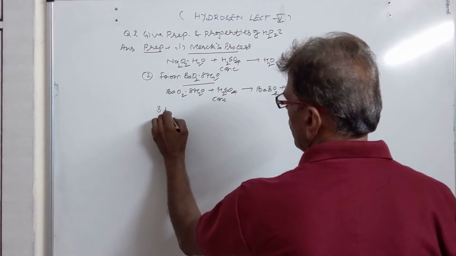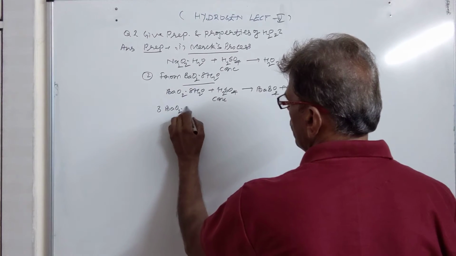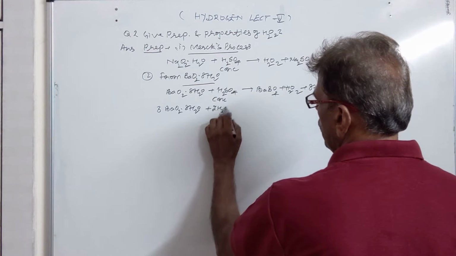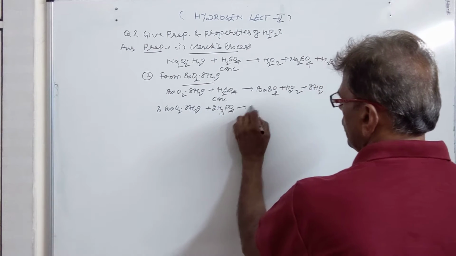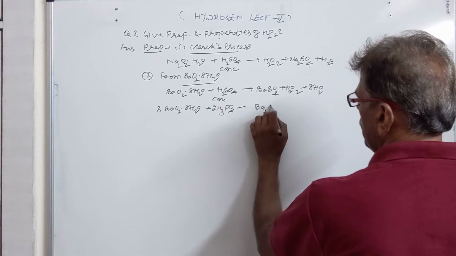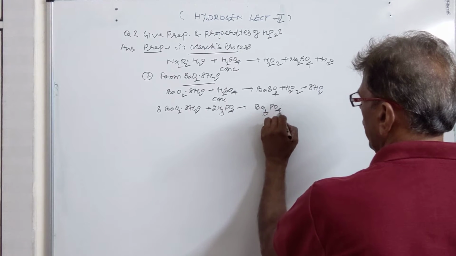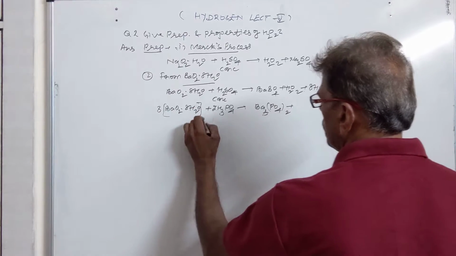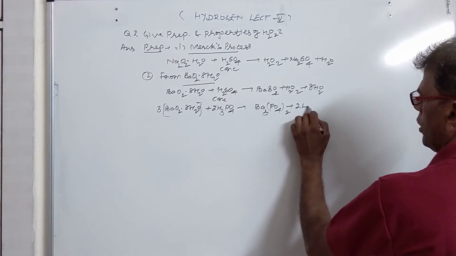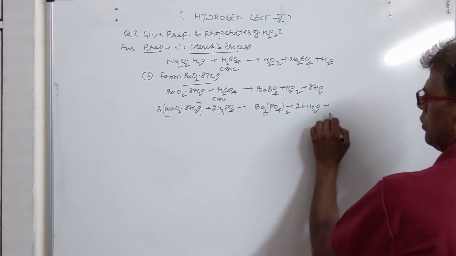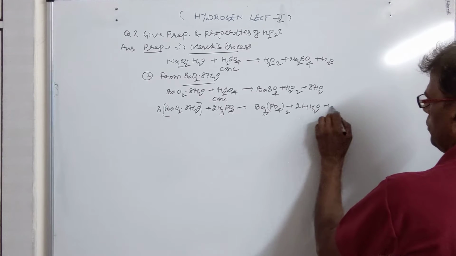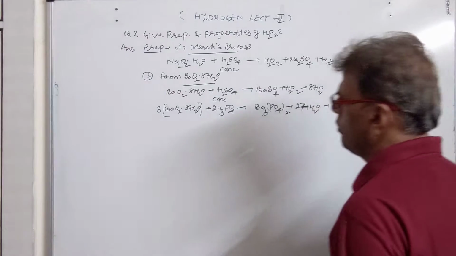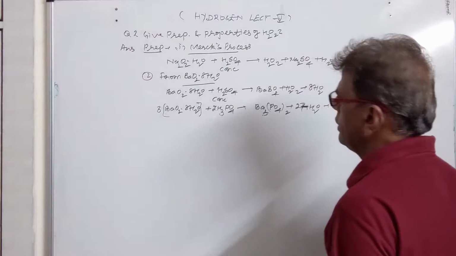It can also combine as 3BaO2 with 2H3PO4 to give you Ba3(PO4)2, barium phosphate, plus H2O2 and water molecules. So this is the reaction.